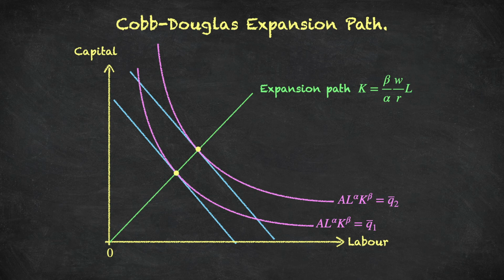The second yellow point solves the cost minimization problem when the target level of output is Q bar 2. And I know, because the expansion path has the equation K equals beta over alpha, W over R, times L, that these lie on a straight line. So I've drawn this green straight line as the expansion path for this Cobb-Douglas function.